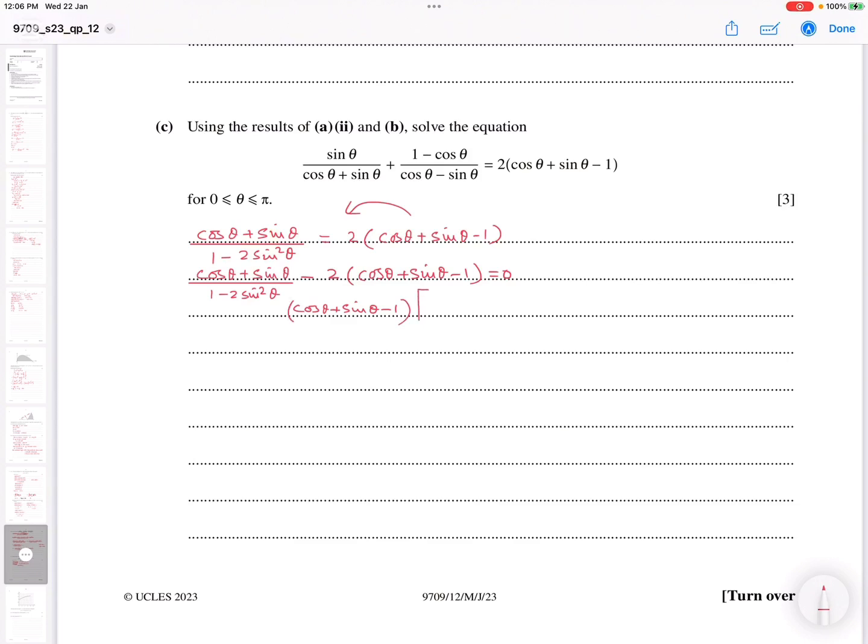So I can write 1 over 1 minus 2 sine square theta minus 2, and this is equal to 0. So now we can write cos theta plus sine theta minus 1 is equal to 0, or 1 over 1 minus 2 sine square theta minus 2 is equal to 0.